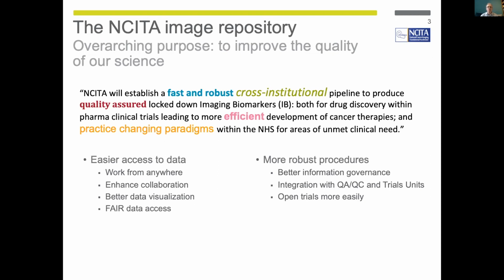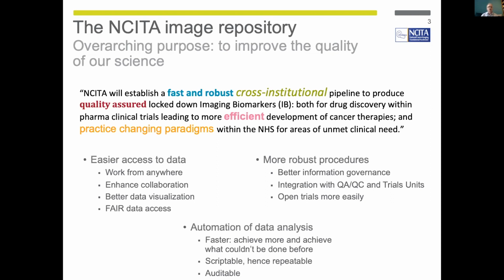By integration with the NCITA QA, QC, and trials units, we're going to be in a position to open trials more easily and manage them better. And so what we're hoping is that the NCITA repository is going to act as some sort of beacon, an example to the community of how we can handle cancer imaging data well.